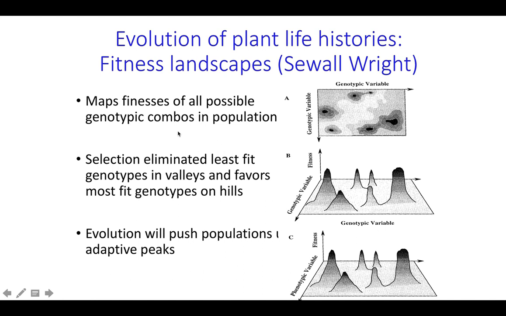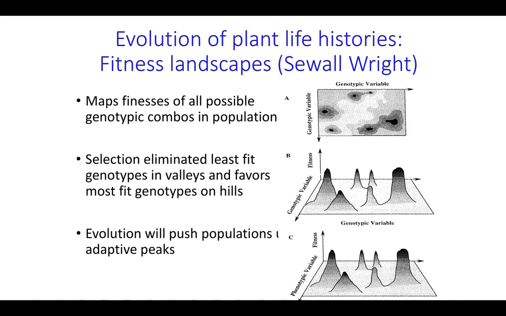So remember, with the fitness landscape, we're just plotting in 2 dimensions here all the various different combinations of different genotypes together, recombining all the different genes that are available for recombination. And then we're plotting out on this little heat map or this 3D map variation in the fitness of those different genotypic recombinations. So remember, a fitness landscape is a map of all possible genetic combinations in the population. And this is the variation that natural selection will operate on.